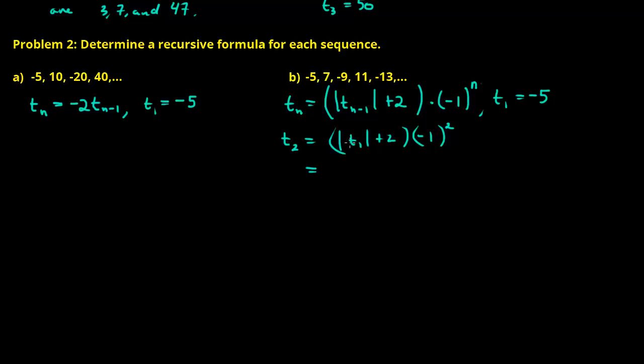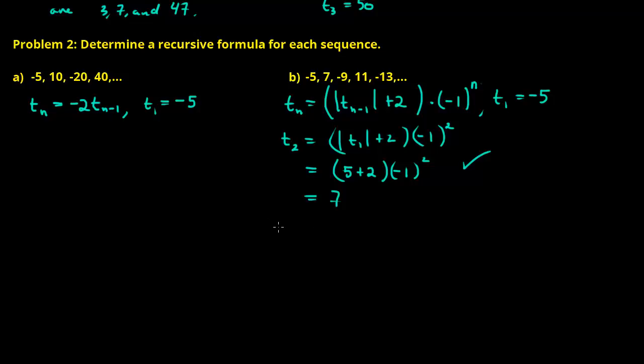So the magnitude of t sub 1 is 5. So I've got 5 plus 2 times -1 squared, which is equal to 7. So that works out, that's correct.